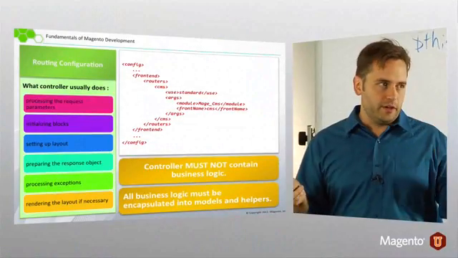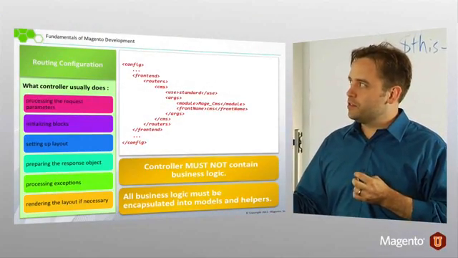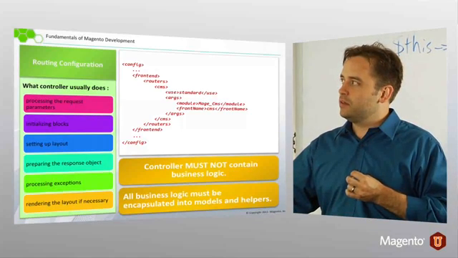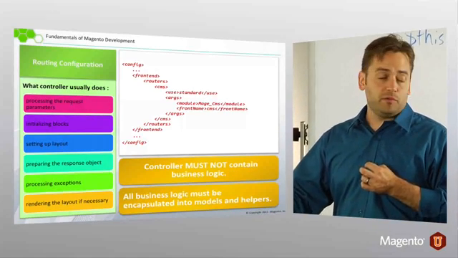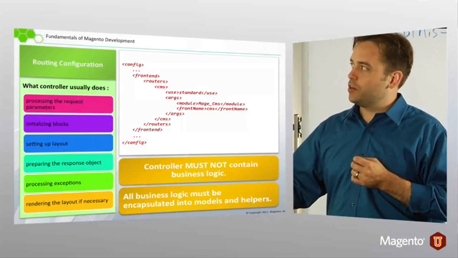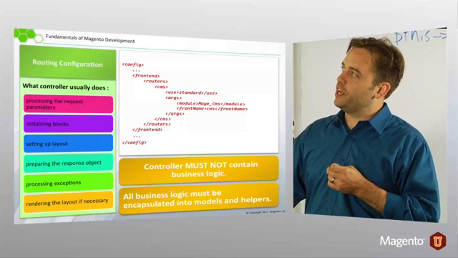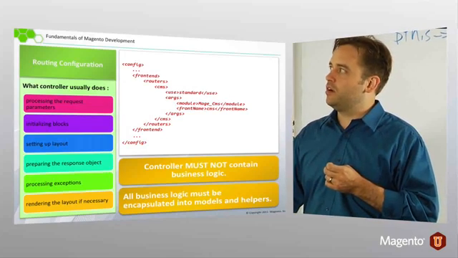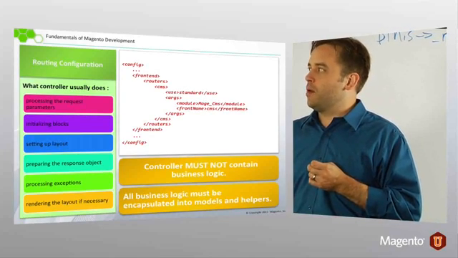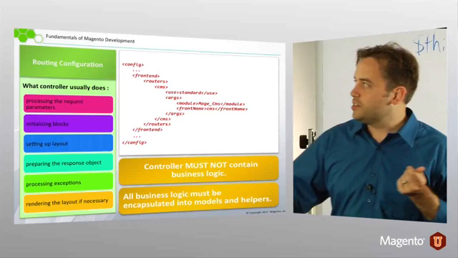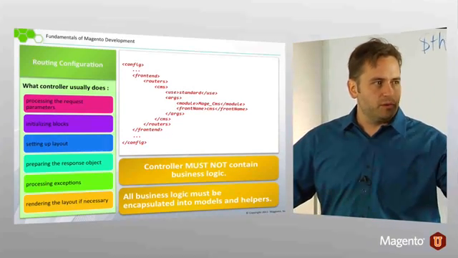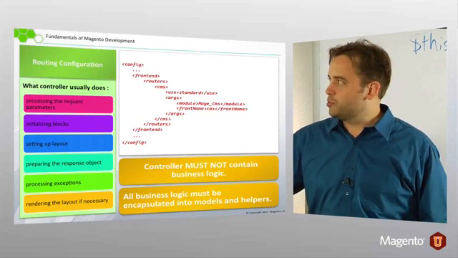So here's the pattern. Front-end routers. So config, area, routers, and then a unique node for us. Use and args. So use would be standard in the case of front end and admin in the case of admin HTML. And in the args node, we specify our module. If you recognize, if we think about our module registration file, the same value that we put in our module registration file is what we would put in here.